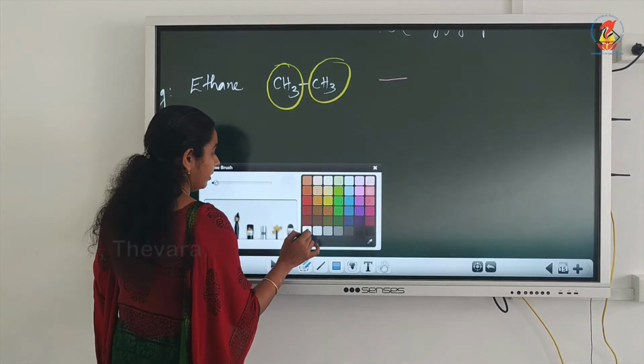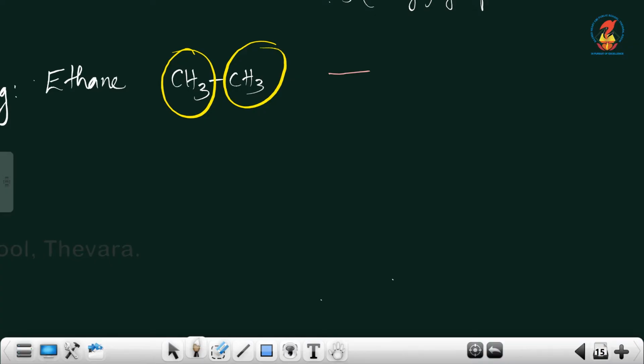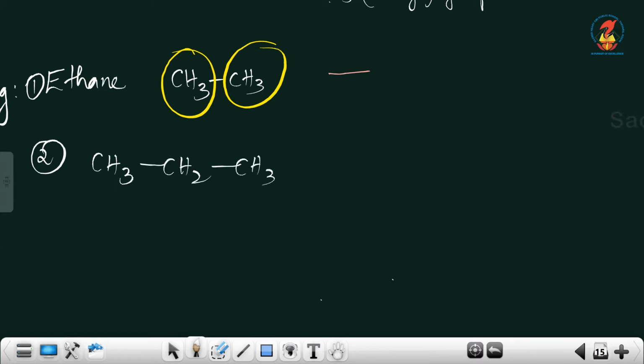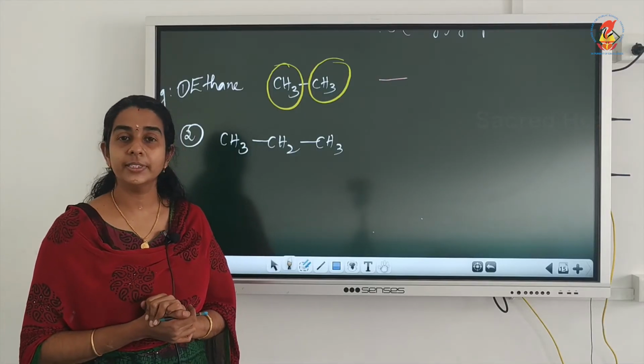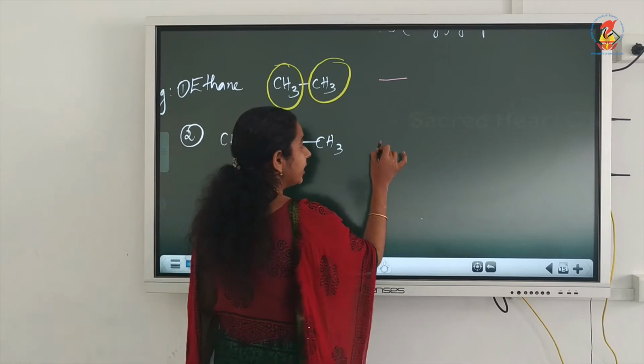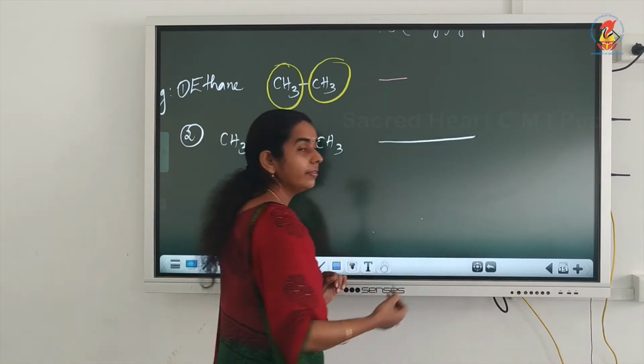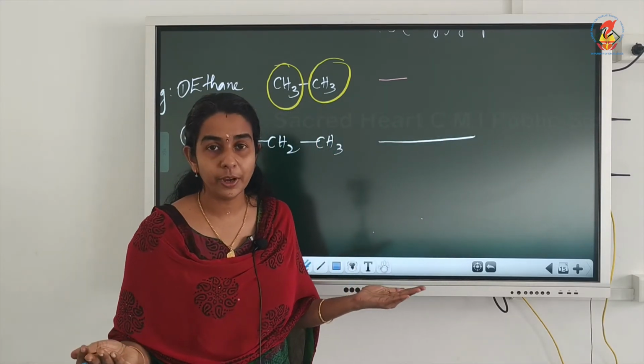Now, this is the first one, the second one is CH3, CH2, CH3. How can I represent this molecule with 3 carbon atoms? If I increase the length of this line, will there be any increase in the number of carbon atoms?